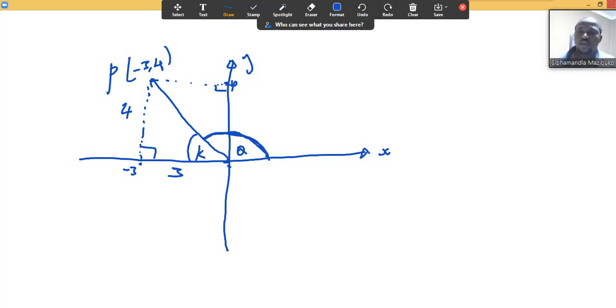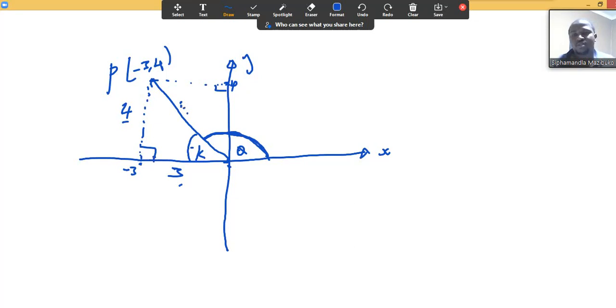If we want to find angle K, from this point of angle K we have opposite over adjacent. So that is tan. Either way, we can still find the length here. How can we find this length? We can apply the Pythagoras theorem because we have a 90 degrees here.